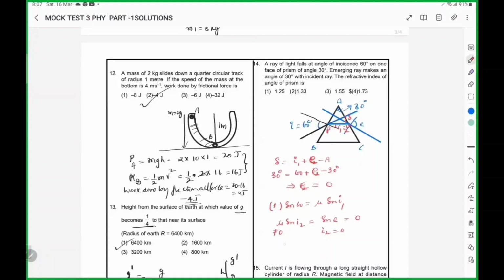So I1 plus I2 is A, which implies I1 is A. So sine 60 is equal to mu into sine A, which is mu sine 30. So mu will be sine 60 by sine 30. Refractive index is √3.